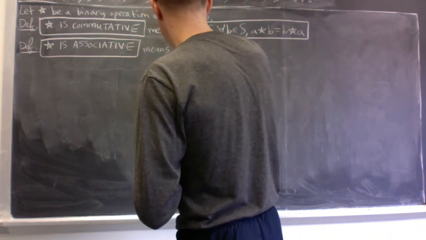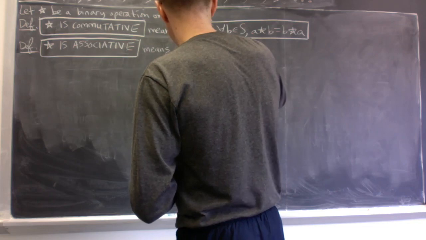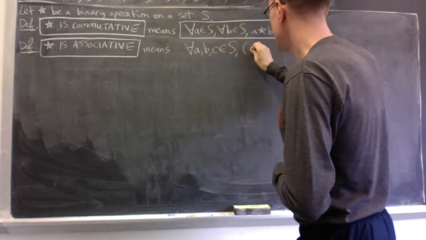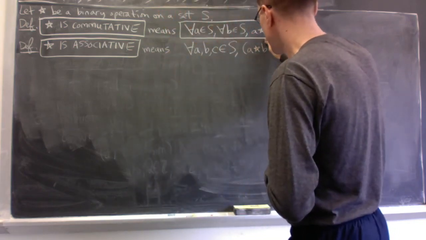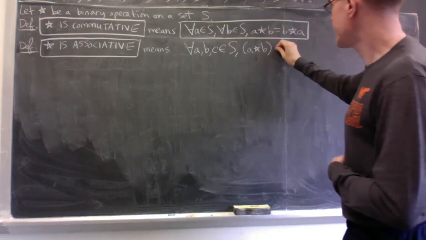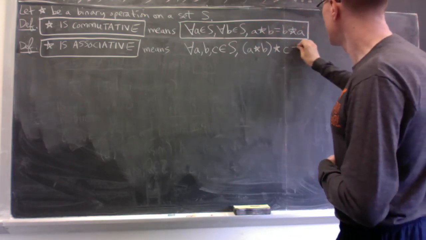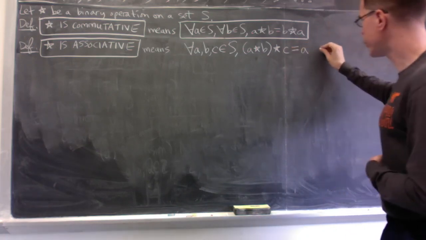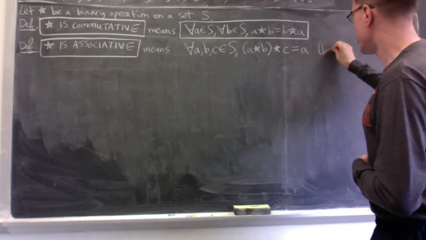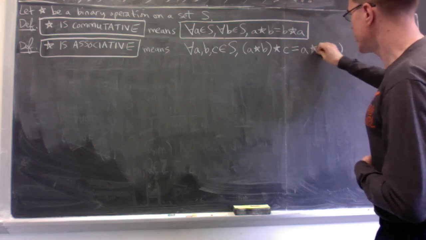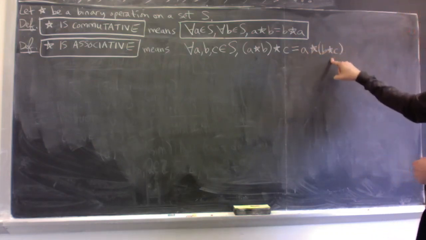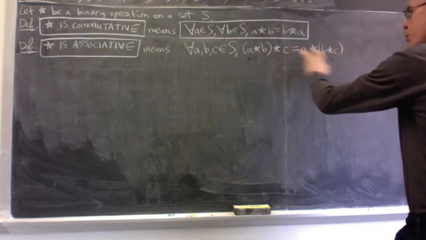Namely, and here I'll abbreviate slightly, for all A, B, C in S, if you first do A star B, and then do the output star C, that's going to give you the same result as first forming B star C, and then doing, in this order, A star that. Okay, so the parentheses have moved.